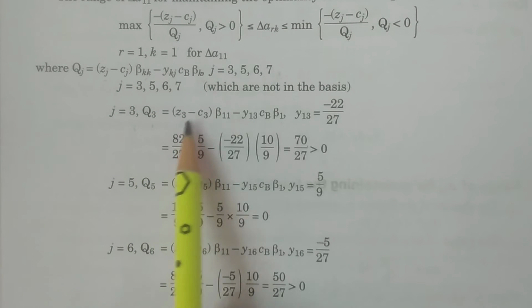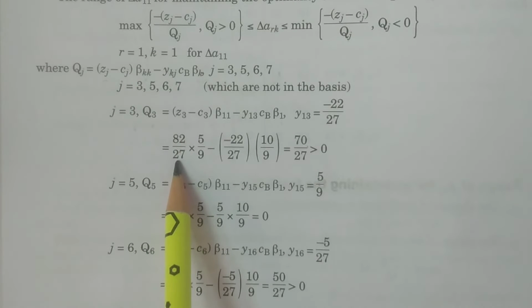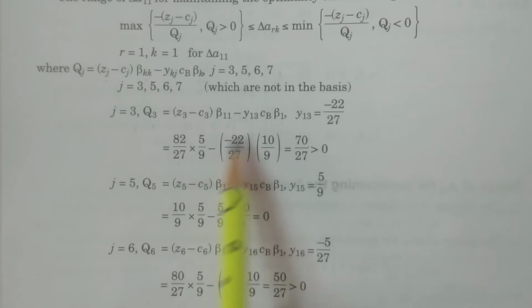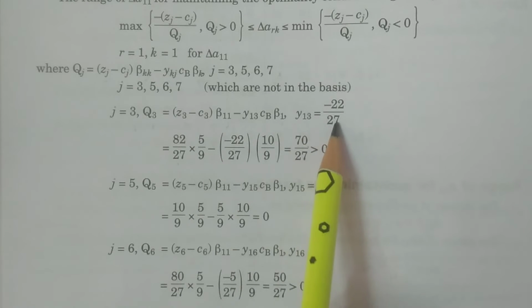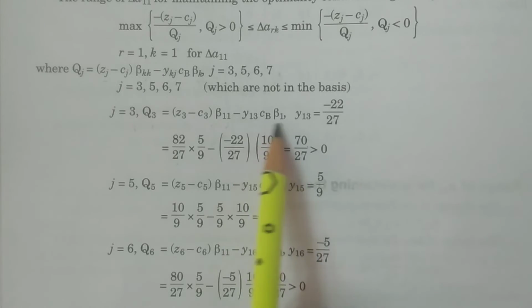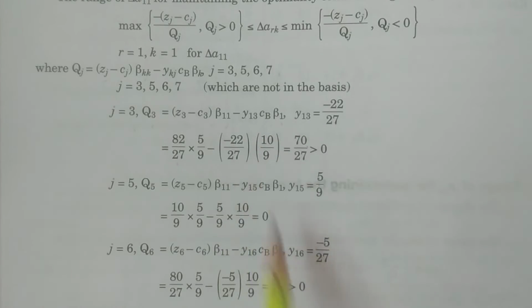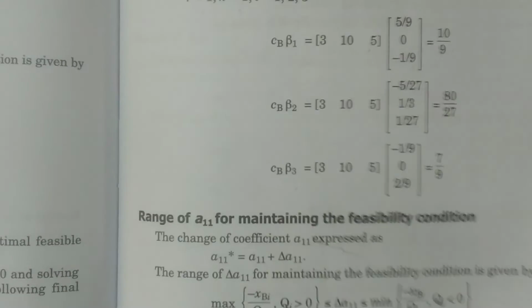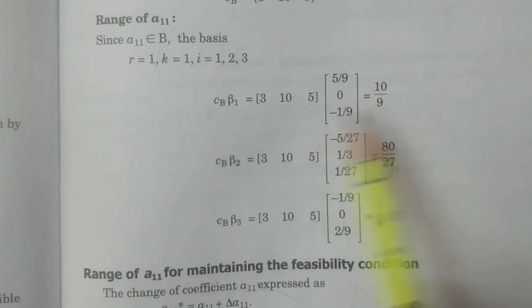Q3 is equal to Z3 minus C3. I have shown that 82 by 27 into beta 11. Already I have shown this particular value. Beta 11 is 5 by 9 minus Y13. Y13 is minus 22 by 27 and CB beta 1 value is 10 by 9. CB beta 1 we have already calculated, CB beta 1 is 10 by 9.